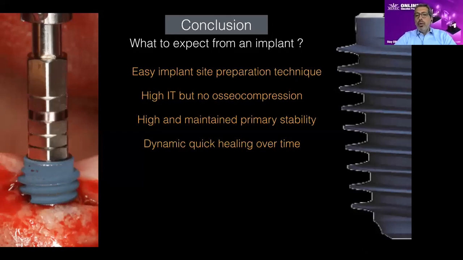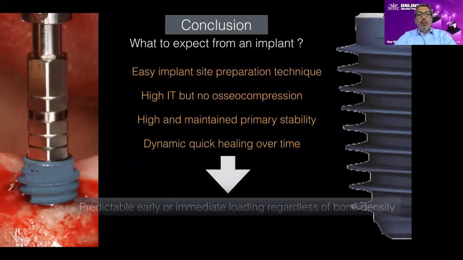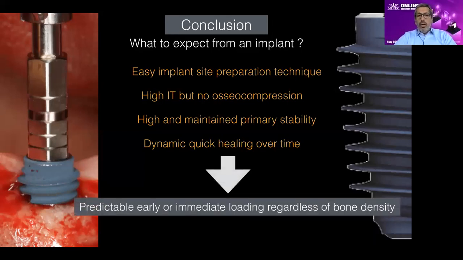So once we go above 4 weeks, we know that now the bone is taking over, the biology is taking over, and this implant will allow us to do a predictable, early, or immediate loading, regardless of bone density.